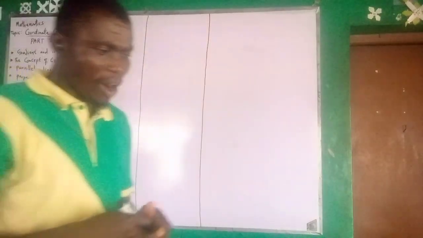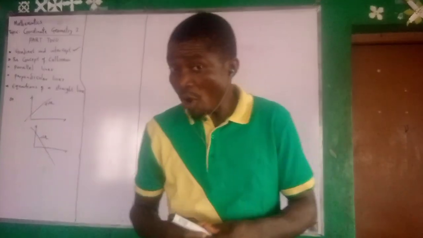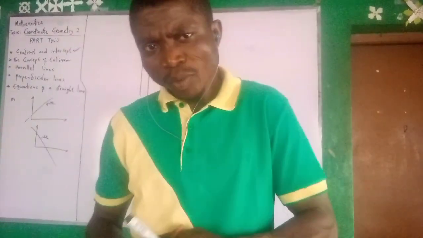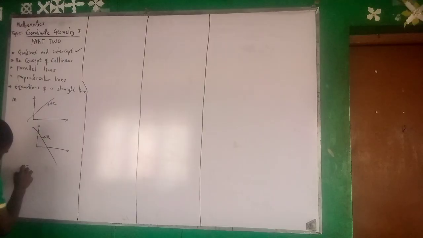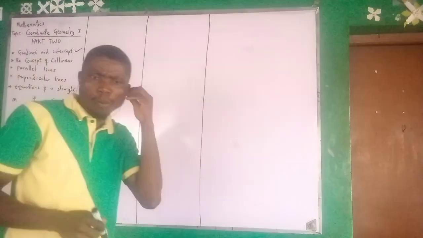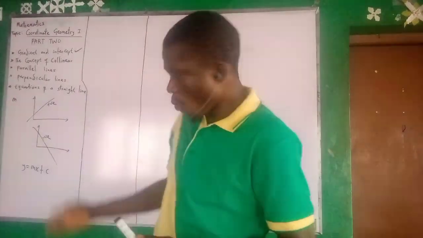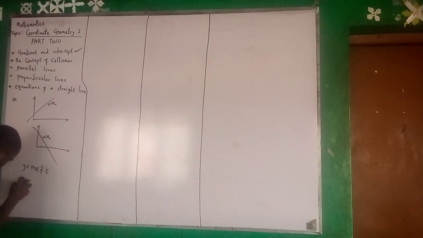Now, those of you preparing to write JAMB, JAMB will ask you to find the slope. The formula I'm going to use depends on the information given to you. For instance, if JAMB gives you an equation of a straight line of the form y = mx + c and asks you to find the slope, it becomes the coefficient of x, which is m here. So slope becomes m.